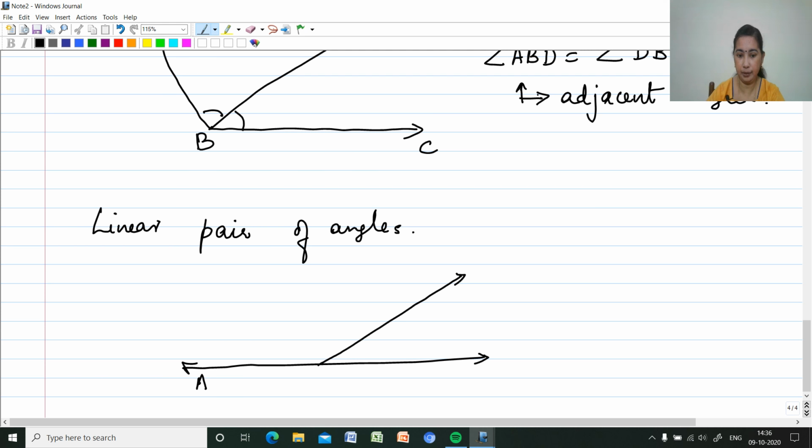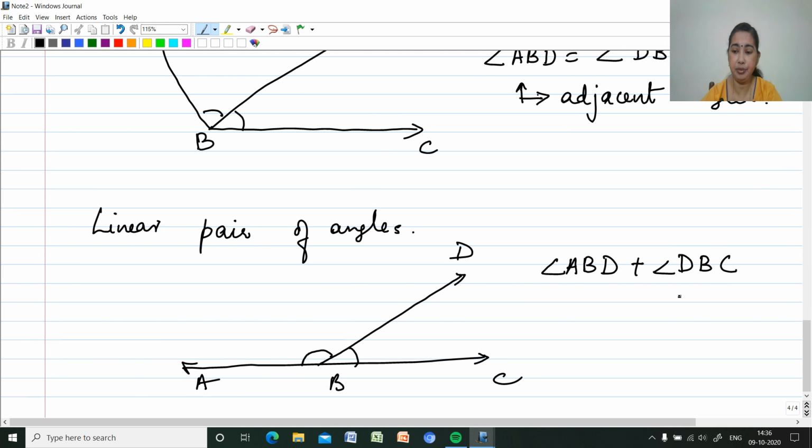Let this be A, B, C, and this point D. Here we can see two angles: angle ABD and angle DBC. If these two angles sum to 180, that is, if it is a straight line, then we say they are a linear pair of angles. That is, if the sum of those two adjacent angles is 180, they are a linear pair.